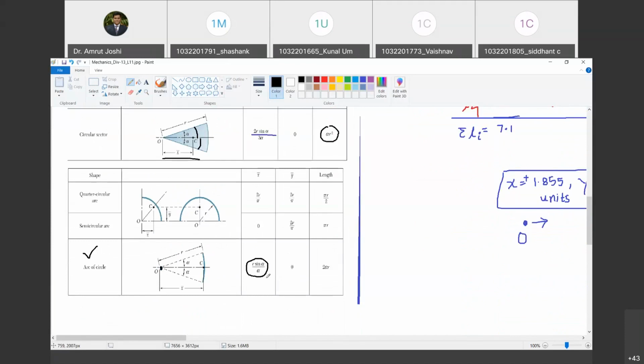Needless to say, it has to be substituted in radians. So R sin alpha upon alpha is the location of x bar from the center of the circle along the line bisecting the angle subtended by the radii vector. Do you agree with me?